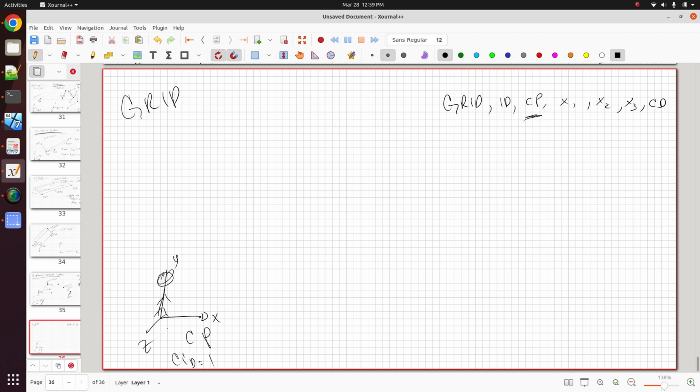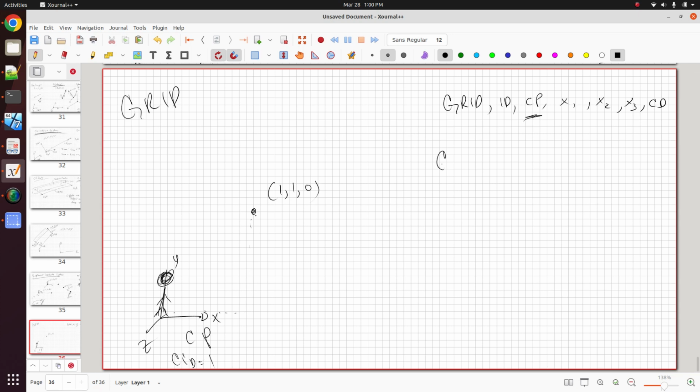There's one observer here at this coordinate system. This coordinate system is going to dictate the position of the grid. As an example, let's suppose we want to put a point here in this coordinate system. With respect to this observer, that point is going to be situated maybe at 1, 1, 0.